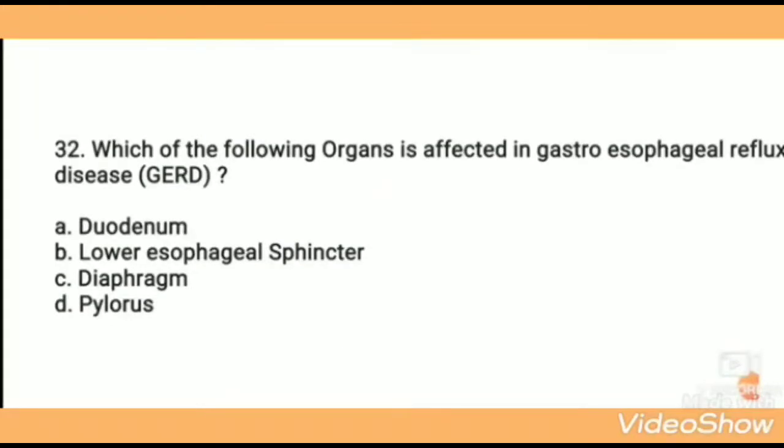Which of the following organs is affected in gastroesophageal reflux disease, GERD? Duodenum, lower esophageal sphincter, diaphragm, or pylorus?